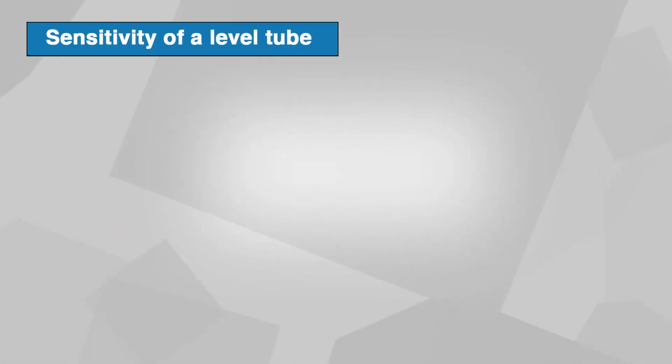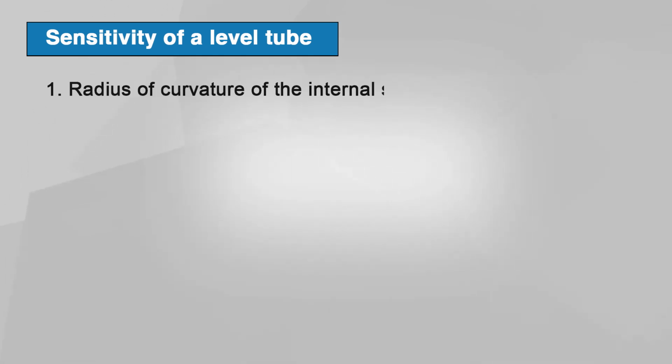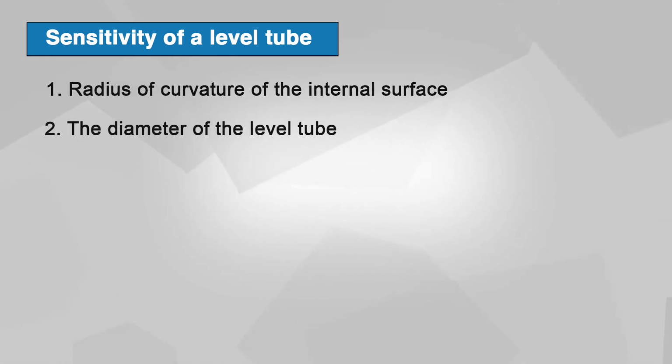Now, the sensitivity of a level tube depends on the following. Firstly, the radius of curvature of the internal surface of the tube. Larger the radius, greater is the sensitiveness. Secondly, the diameter of the level tube. Larger the diameter, greater is the sensitiveness.